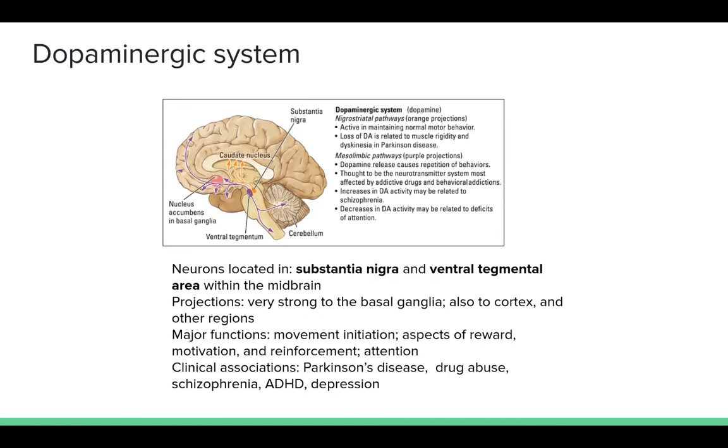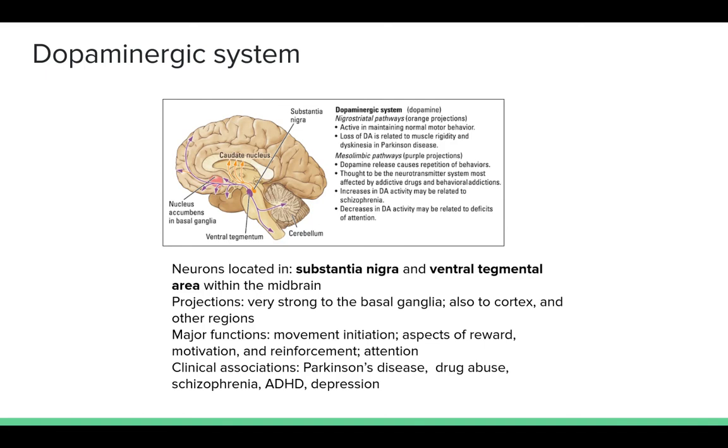Another major place where we find a clinical role for dopamine is in drug abuse. Basically, almost every drug of abuse, whether it be stimulant drugs, opiate drugs, inhalants, will one way or another increase the release of dopamine in certain basal ganglia centers.